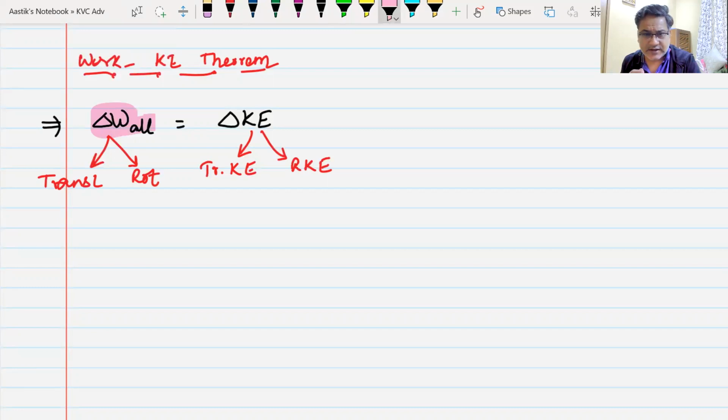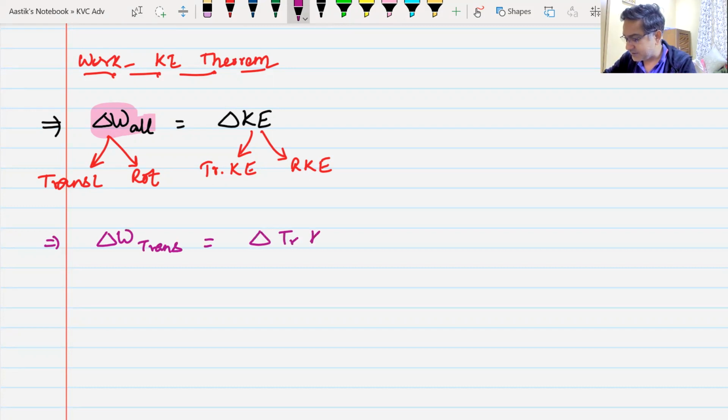Then we can break this kinetic energy into two parts: translational kinetic energy and rotational kinetic energy. So I can write this mother theorem as two daughter theorems. Work done by all translational forces will be equal to delta of translational kinetic energy.